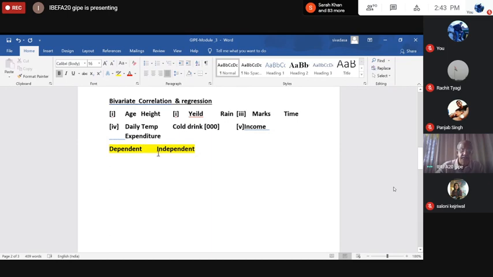In statistics, a dependent variable generally we denote by Y and independent variable will be denoted by X. So the dependency when we say, how much is the value of Y when X equals some given value.